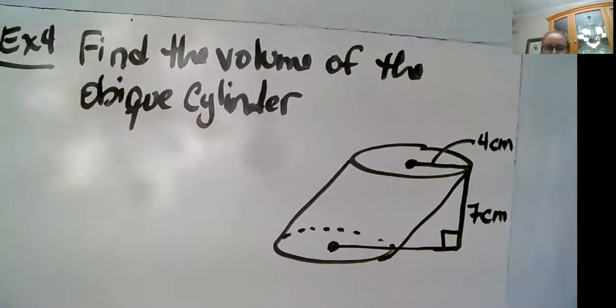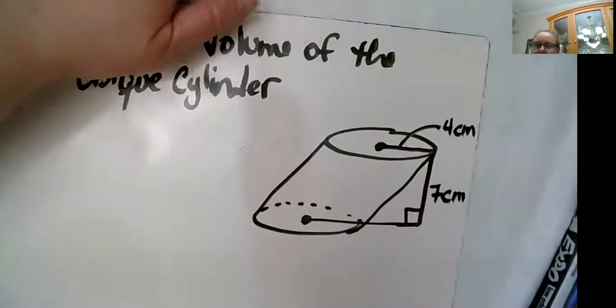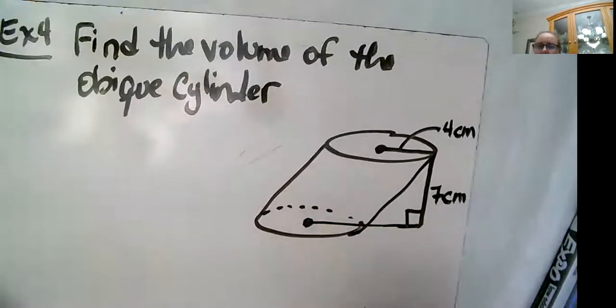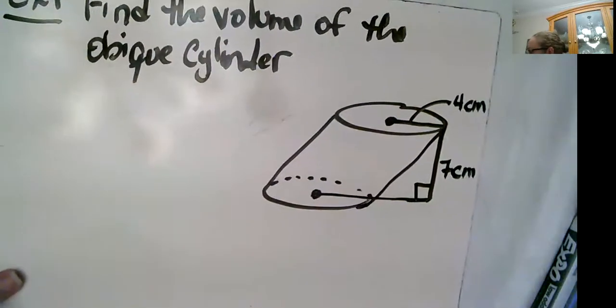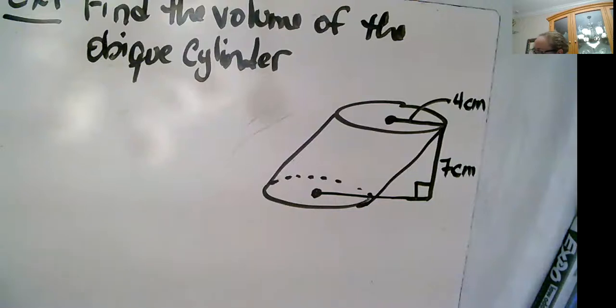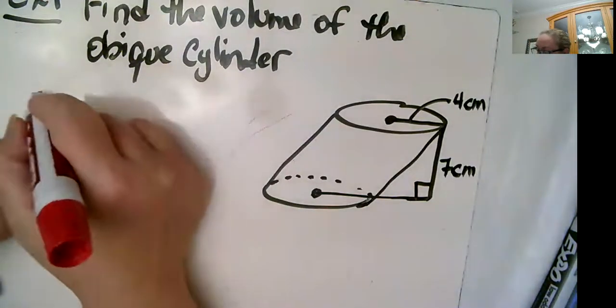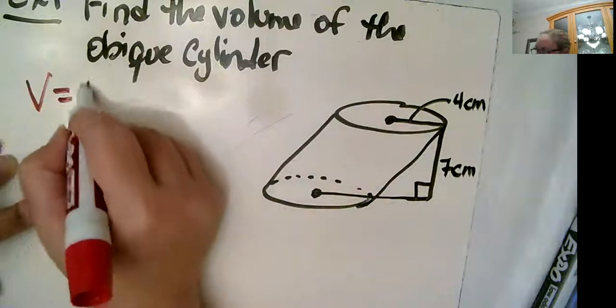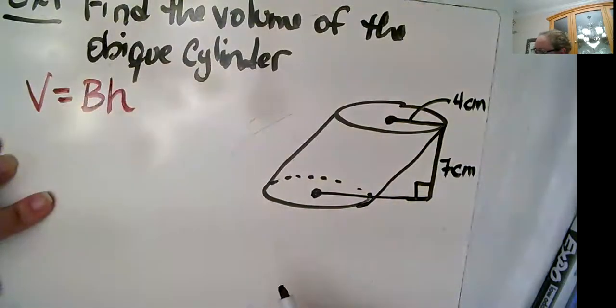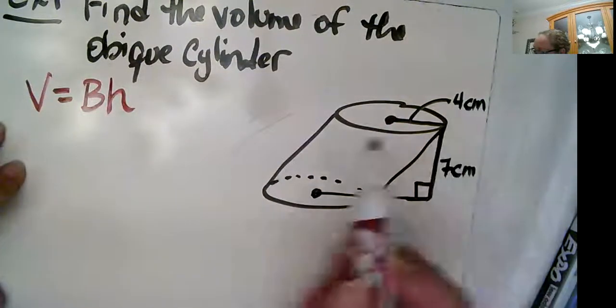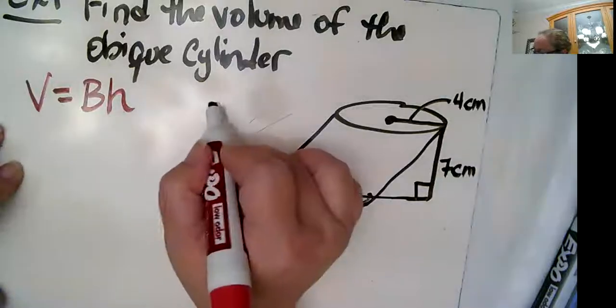So here's example 4, and it wants us to find the volume of this oblique cylinder. So we're going to find it exactly the same way. We know to find the volume, it is whatever the base area is times the height. So let's find what big B is.